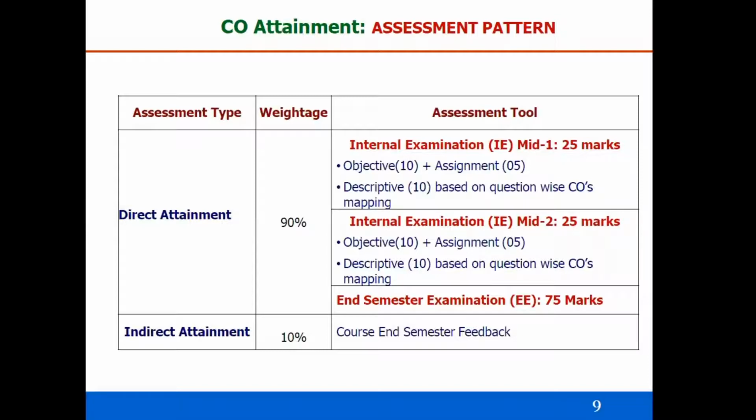That means how many marks are internal, how many marks are external. Generally they mention 90-10 or 80-20, or 75 to 25, like that. That depends on your results: if your institute average results are good, at that time you can take more weightage for direct attainment. Then for indirect attainment you can take the remaining.